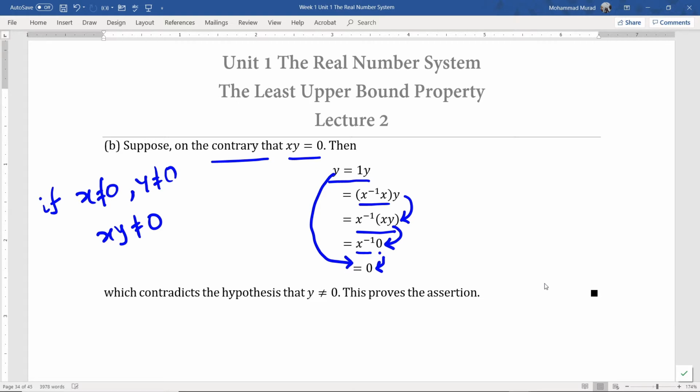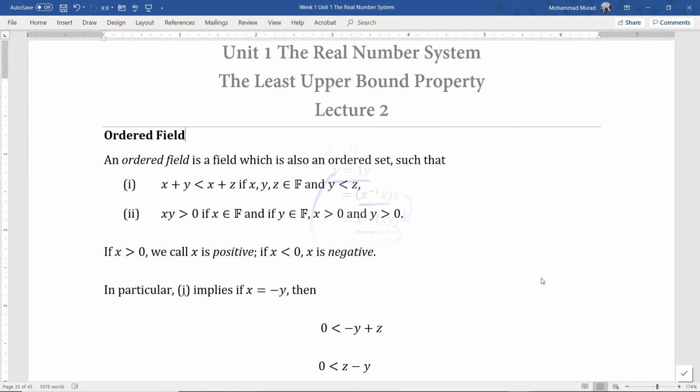But this contradicts our hypothesis that y was not equal to 0. So our assumption here was wrong, and this contradiction proves the assertion. Similarly, you can try to prove the rest.